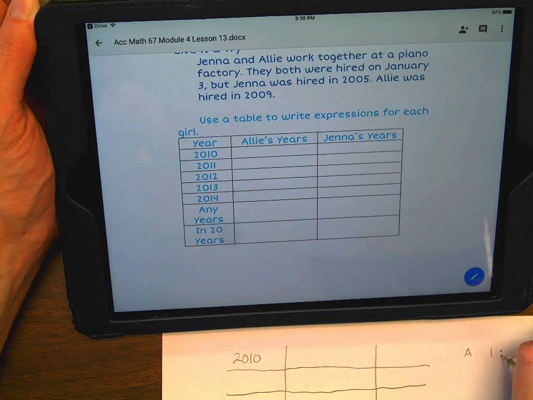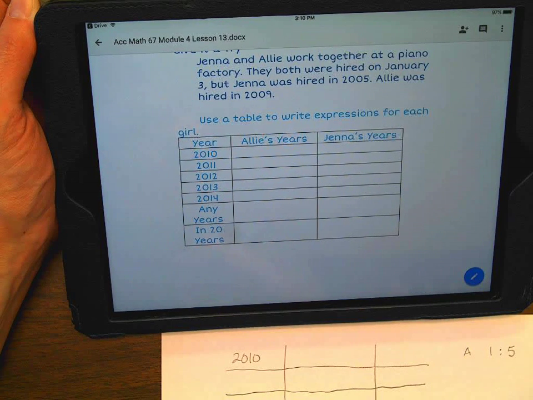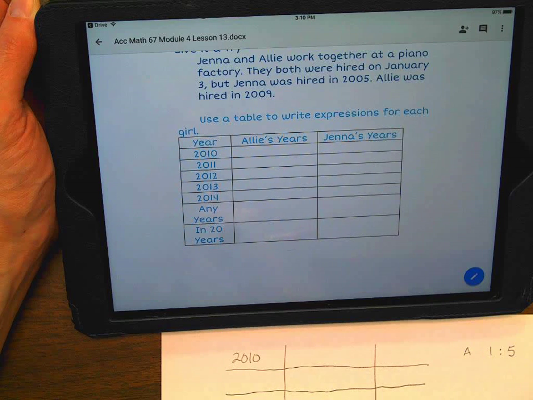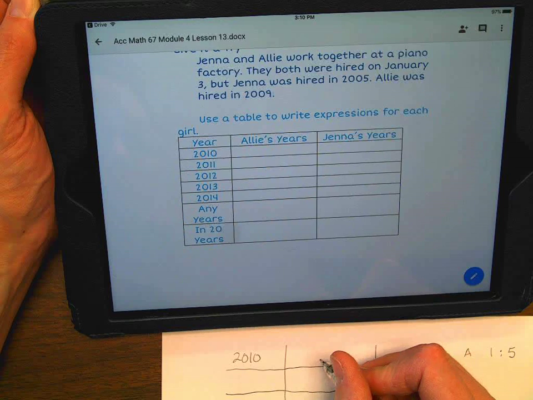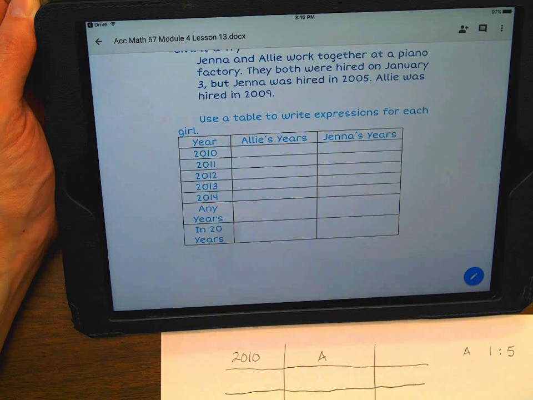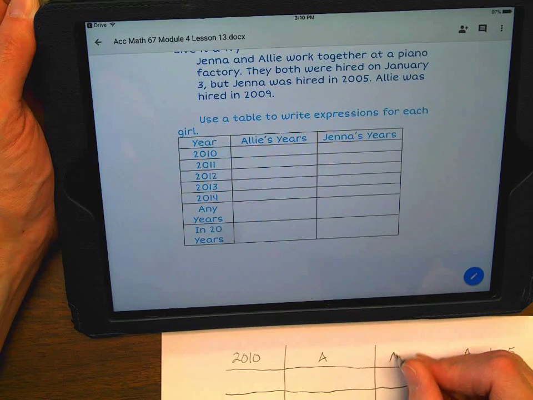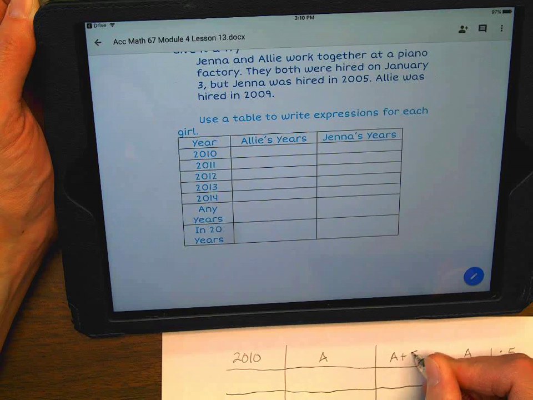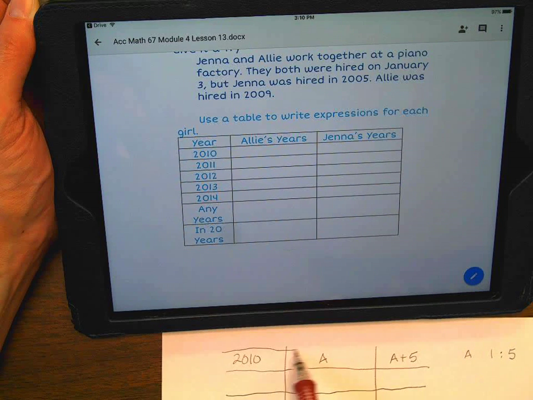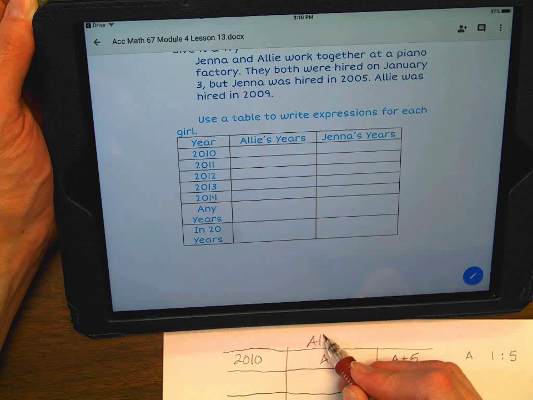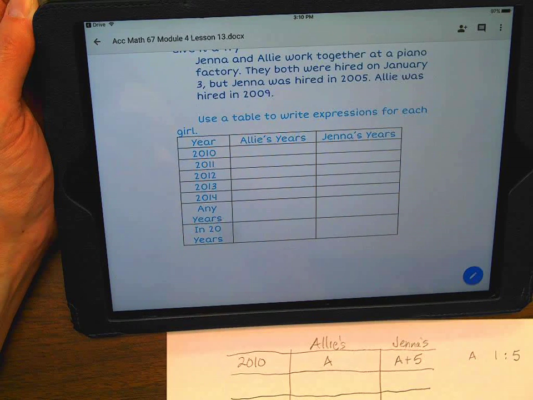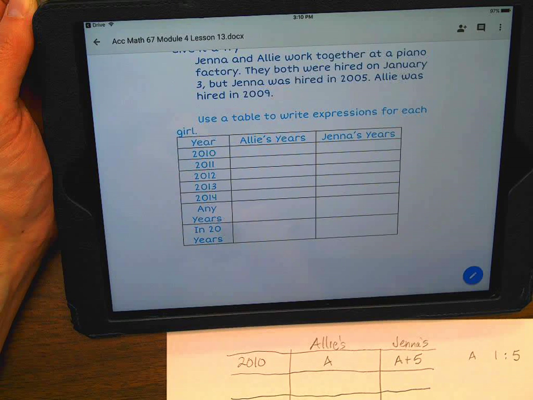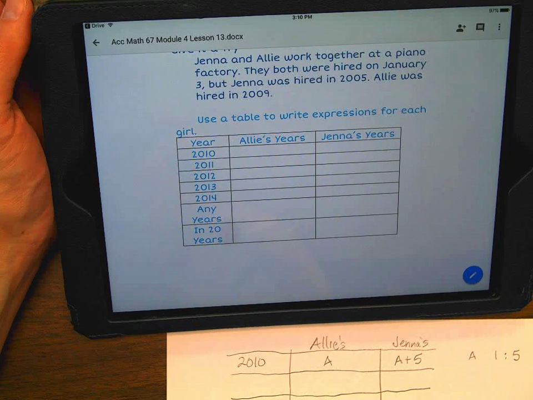It's kind of a 1-to-5 ratio. So in the table you would write Allie has worked 1 year, and Allie plus 5 represents Jenna. Remember, this is Allie's and this is Jenna's. Jenna has worked 5 years longer than Allie has.